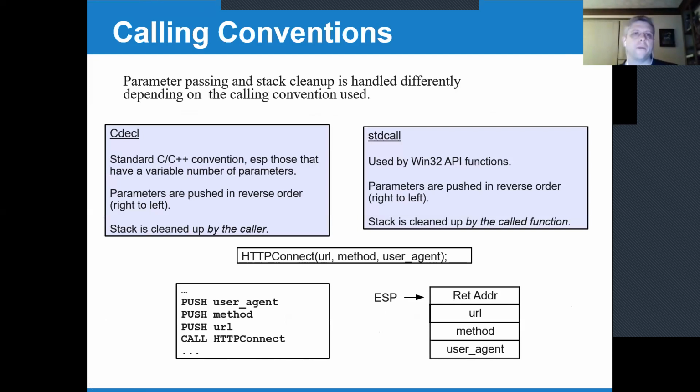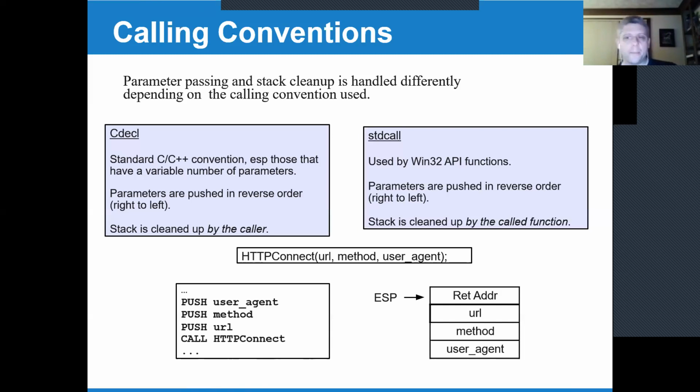These two calling conventions handle how the parameters are passed into the function and how the stack is cleaned up when the function is left. So with cdecl, this is the standard C and C++ convention, and parameters are pushed in reverse order. In other words, the last parameter is going to be pushed first, the second to last pushed next, and so on until the very last parameter that's pushed onto the stack is the first parameter in the function.